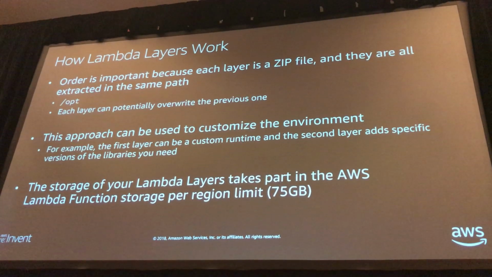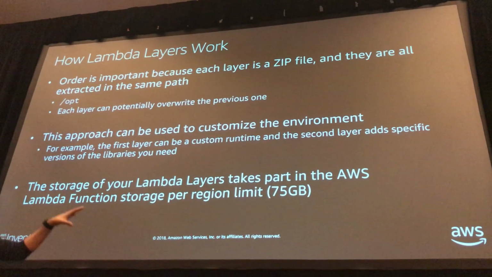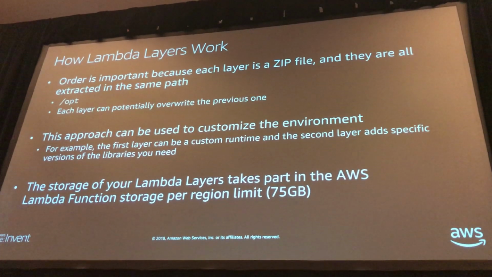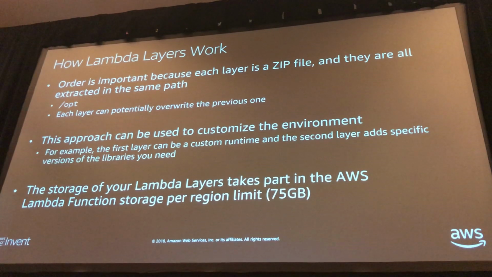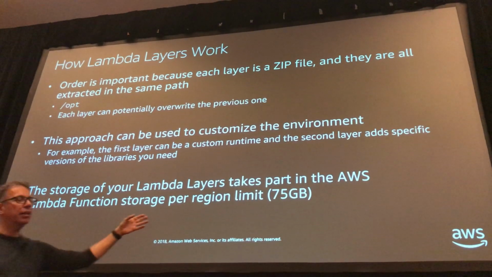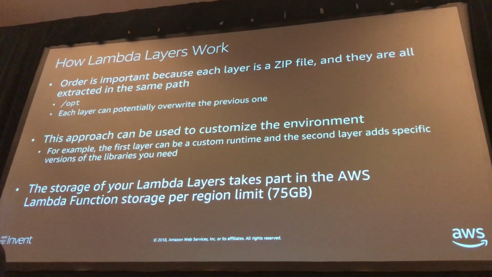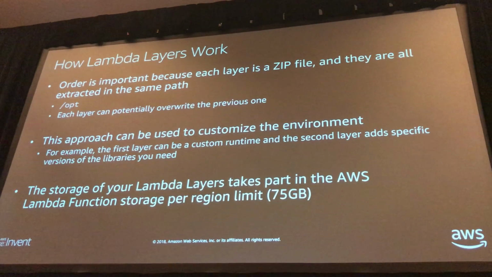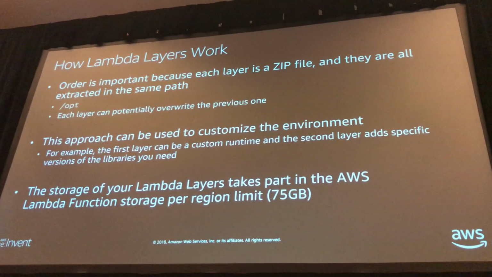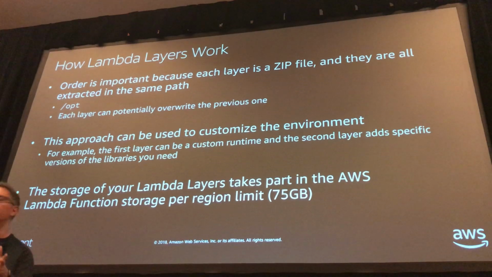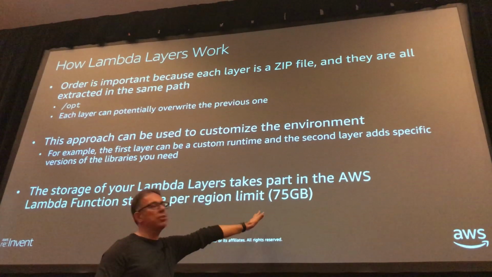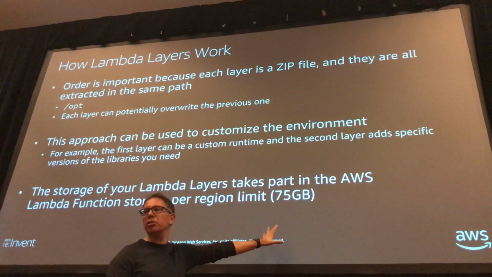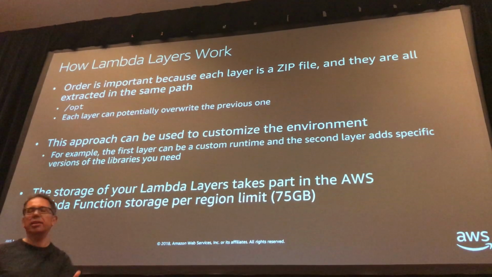The storage of your Lambda layers counts toward the storage limit that you have in every region. Currently with Lambda functions, you have 75 gigabytes in every region. Now that you have layers, the size of all the versions of the layers, like all the versions of the function, must be below 75 gigabytes. As you know, there's no cost for this storage, but we have a limit.